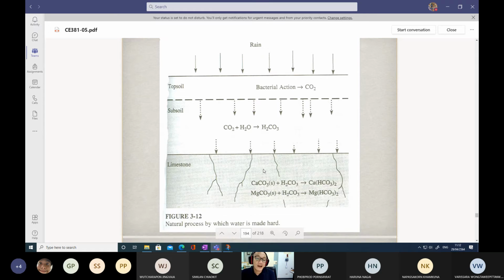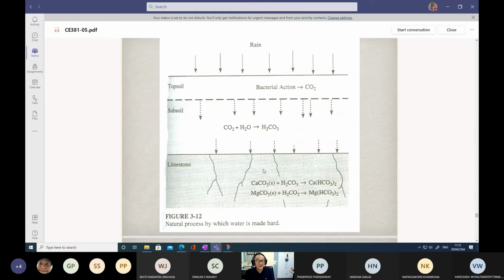There was one question I asked during the midterm exams. For what reasons do we need to know how much of the hardness is caused by calcium and how much by magnesium?